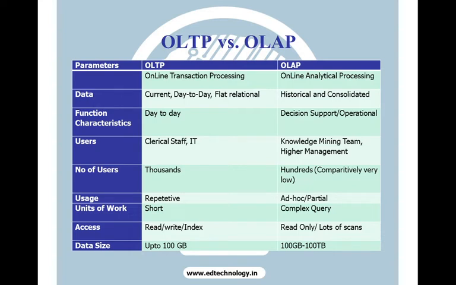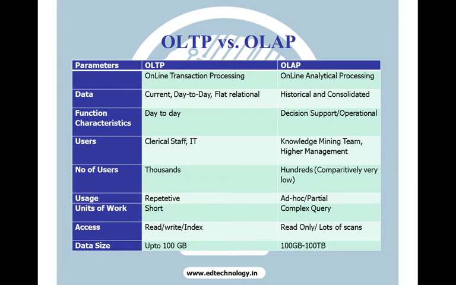Now, in terms of access, what are the access rights you get in OLTP? Basically, in transaction processing, you can read, write, index, do whatever you want in terms of the data. Whereas in OLAP, you can only read. Most of the time, we perform scans, take the data we want from the warehouse as a copy, and we only get to read from that.